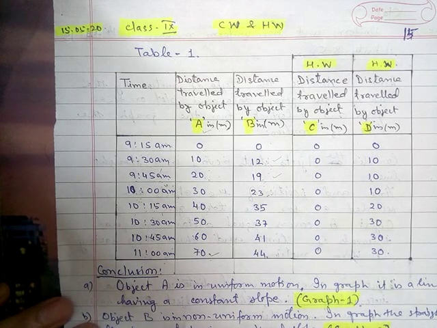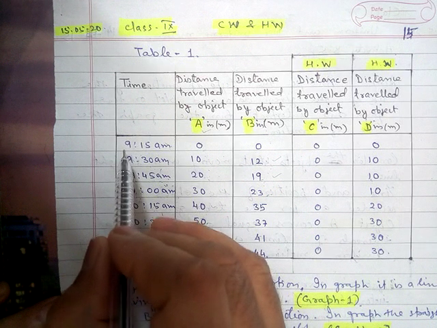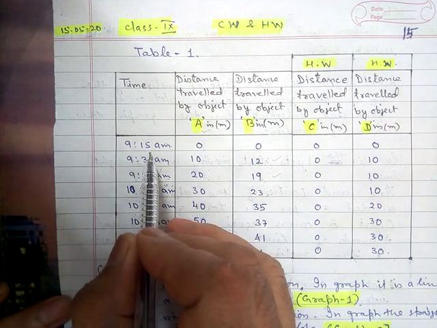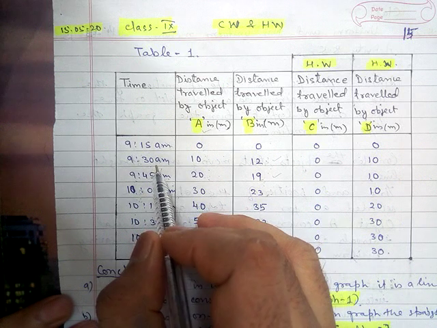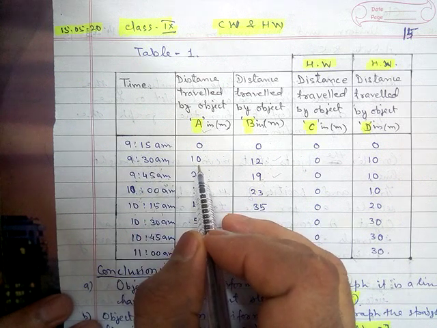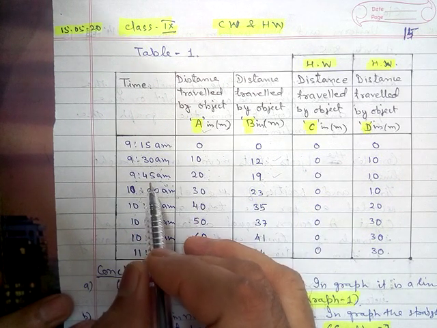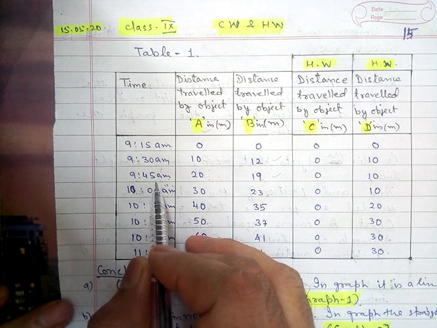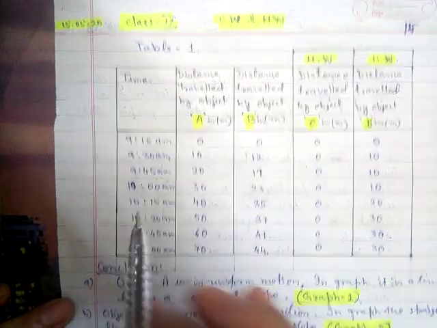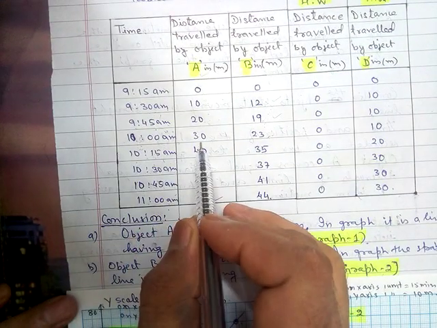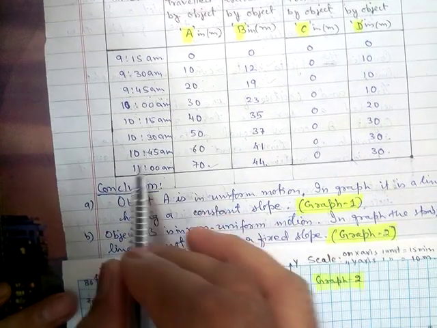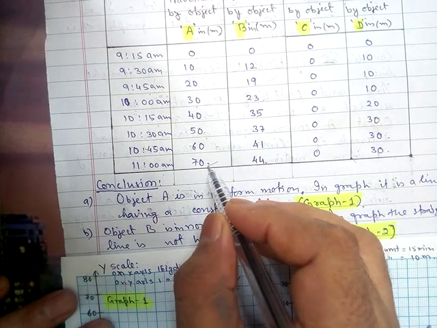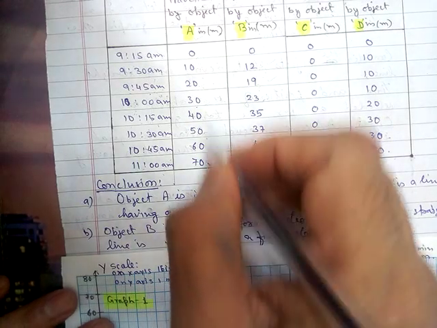Suppose the object starts from its initial position at 9:15 am, and at 9:30 am it covers 10 meters of distance. In the same way, at 9:45 we see the distance covered is 20 meters. At 10 am it covers 30 meters. At 10:15, 40, 10:30, 50. In this way, at 11 am it covers the whole distance, that is 70 meters.